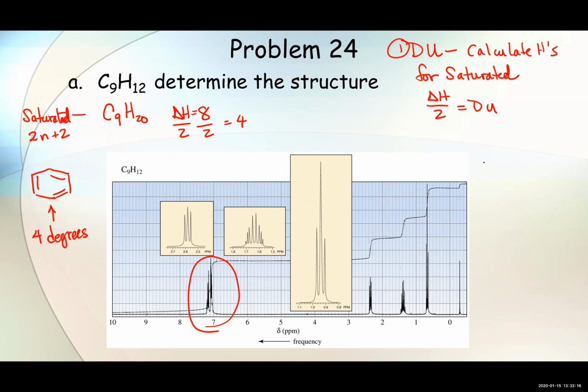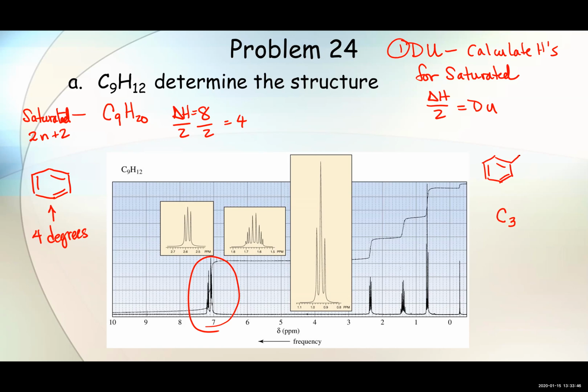So I have a ring. And that's 6 of my carbons, right? That leaves me with C3. All right. And I'm going to make an initial assumption that there's only one substituent on here.